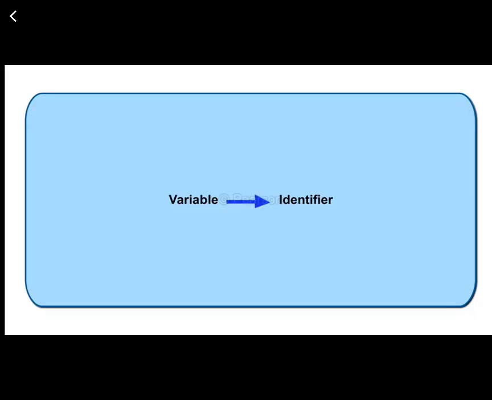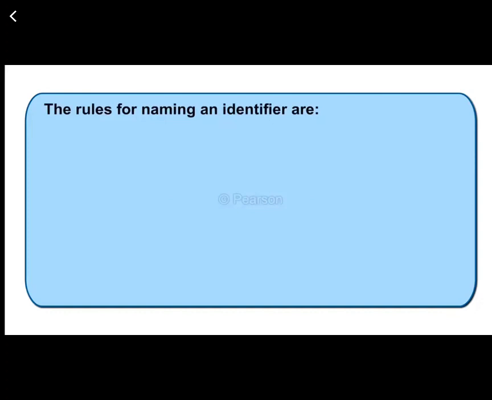As it is an identifier, the name given to any variable has to be in accordance with the rules for naming identifiers. The rules for naming an identifier are: it can include alphabets, digits, or an underscore.